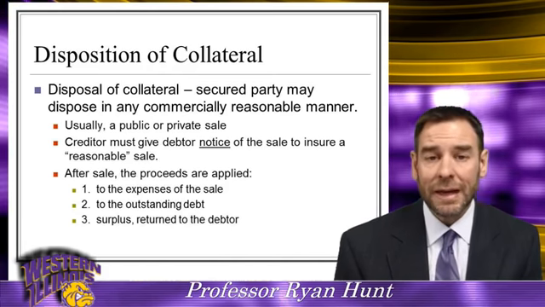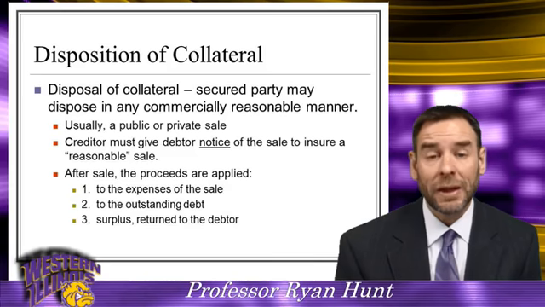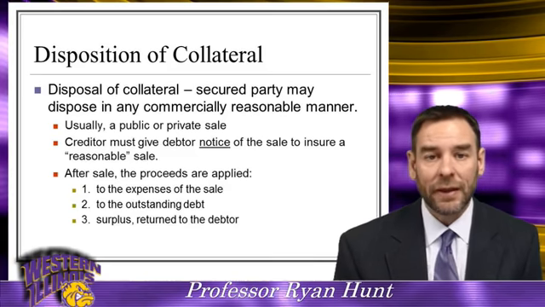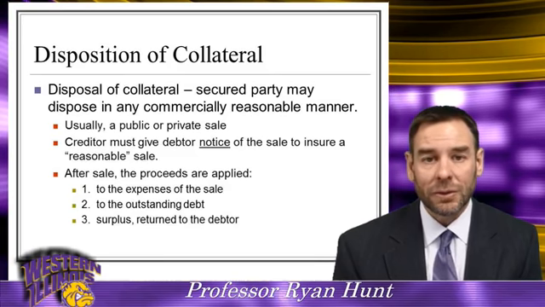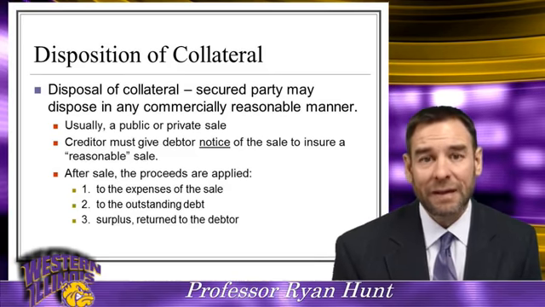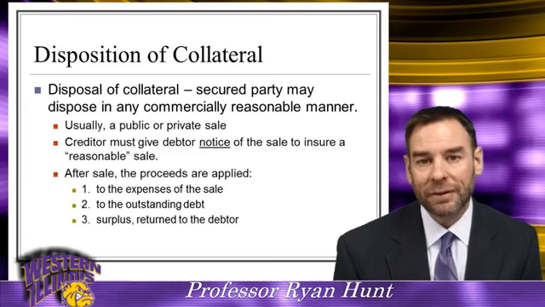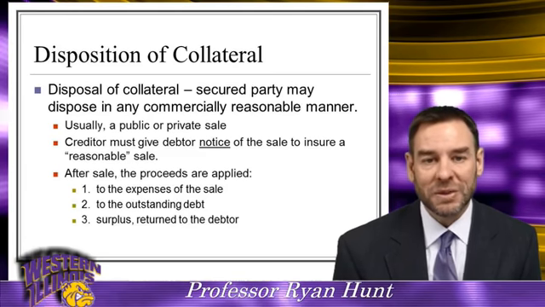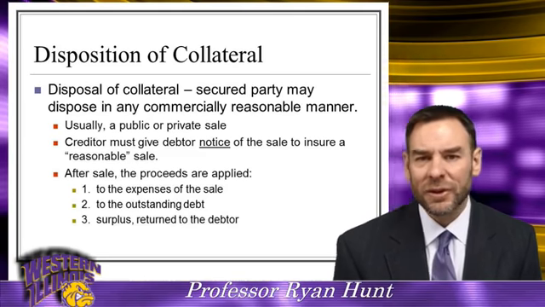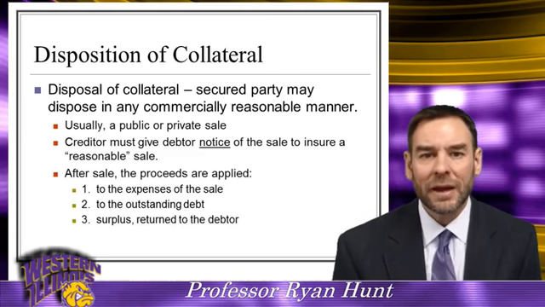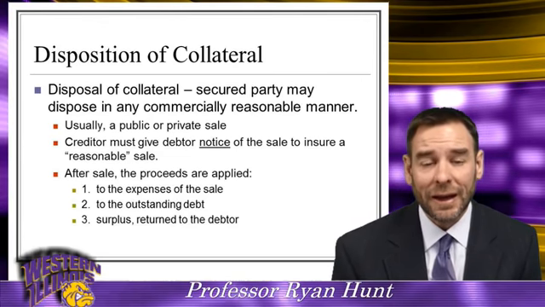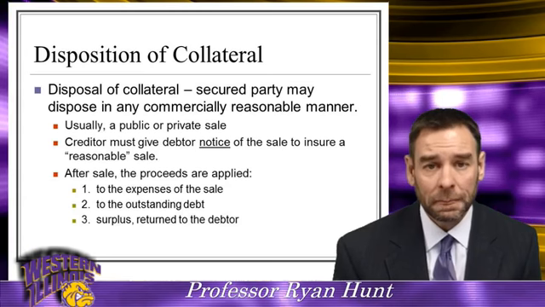So the debtor could actually complain. For instance, if the bank repossessed a vehicle and then sold it to one of the bank owner's buddies really cheaply, for half of the fair market value or half of the value that they could have otherwise gotten at a repossession sale, then the debtor might complain and say, wait, you sold this to a friend or an insider, with a sweetheart deal, and I didn't get as much credit out of the sale of the collateral as I could have.